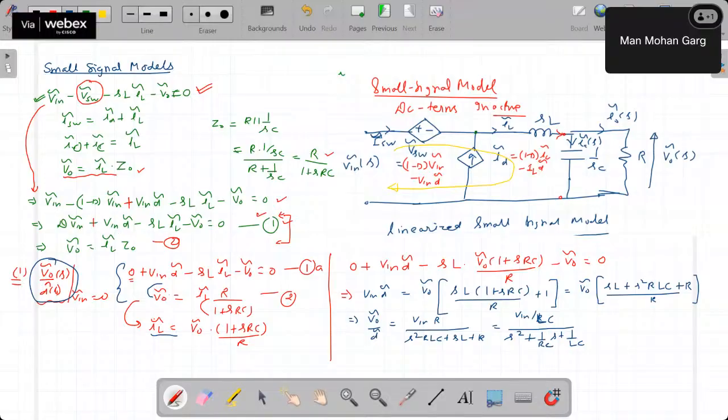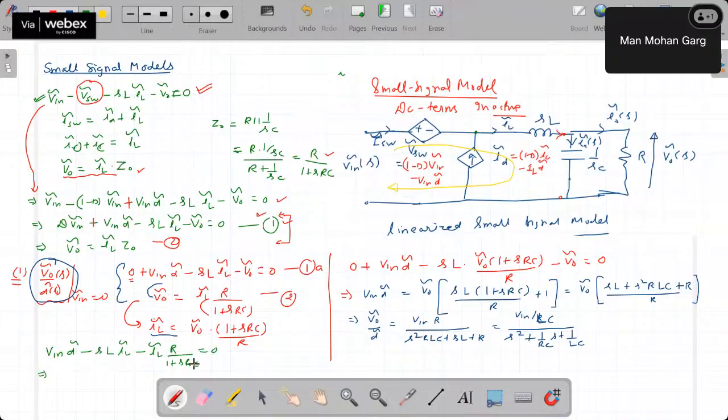So what we get in that case: D V in cap minus SL IL minus IL R upon 1 plus SRC. We put the V naught value here equal to 0. Right?